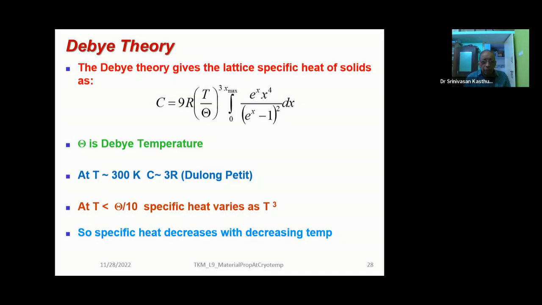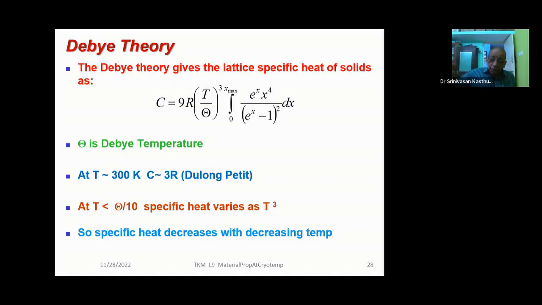Now, if you look at the values at 300 K, C is approximately equal to 3R, which is based on the Dulong-Petit specific heat. That's what we said, no? The value should be equal to 3R. Now, if you go to low temperature, suppose the temperature is less than 1/10 of the Debye temperature theta, then the specific heat will vary as T cube.